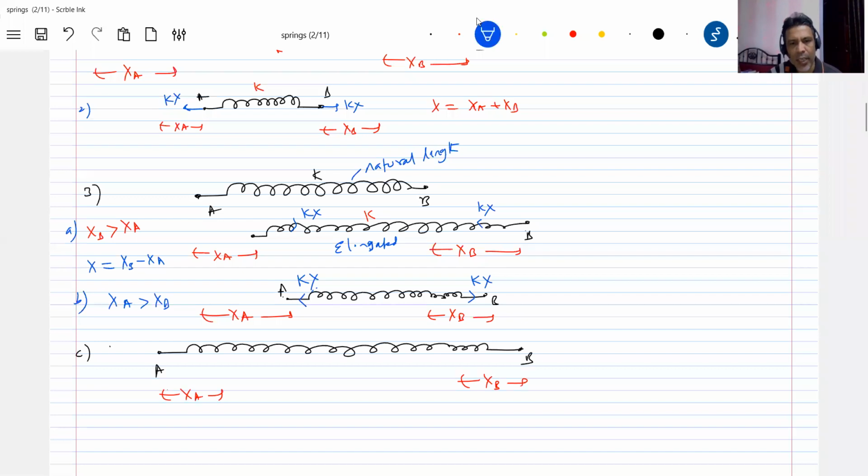So what is the state of the spring now? It got elongated, no? And here it is compressed. Now what is the elongation? Whichever of xa or xb is greater, the total elongation should be xa plus xb. Then how should the spring force act? The spring force should act in this direction.